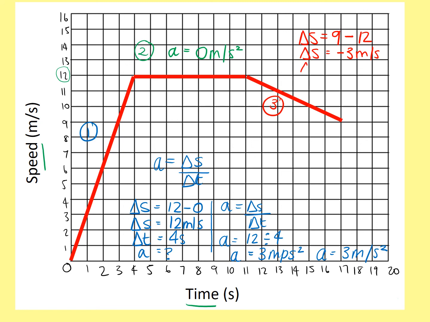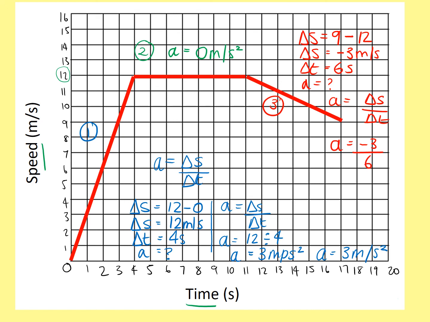The time that takes is from 11 seconds to 17 seconds, so 6 seconds. And we're going to find the acceleration. Acceleration is the change in speed divided by the change in time. So acceleration is -3 divided by 6.